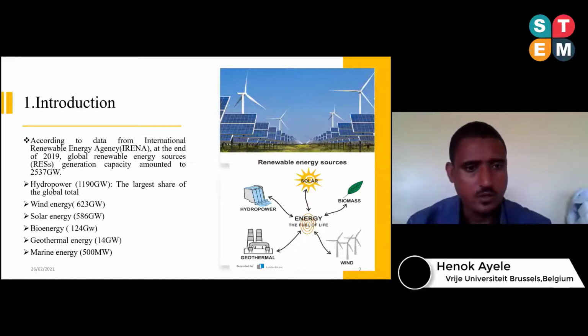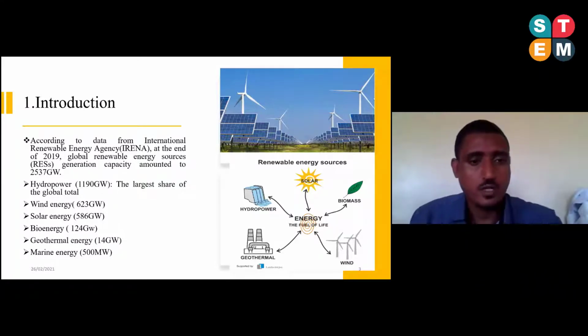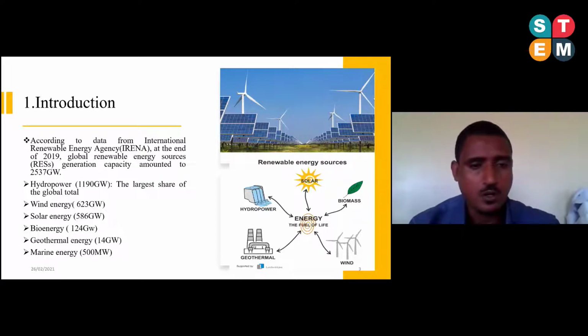If you take the International Renewable Energy Agency data from IRENA 2019, the generation capacity of renewable energy sources is around 2,537 gigawatt, and it is increasing from year to year. Out of this total generation capacity, hydropower takes the largest share of the global total. Next to hydropower, wind energy has the next highest generation capacity among renewable energy.